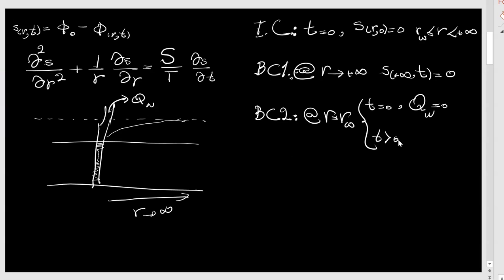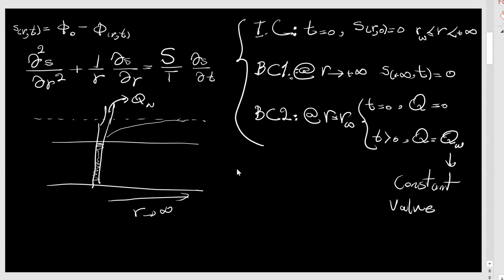But at t greater than 0, Q immediately becomes Qw, which is a constant pumping rate. Having these initial and boundary conditions, they went and solved this problem.